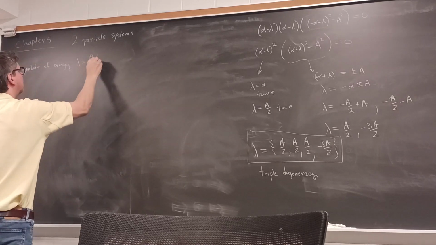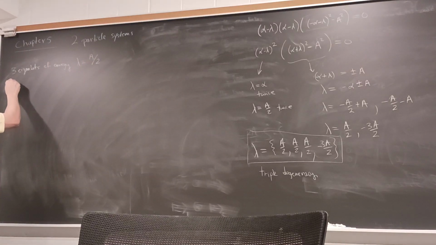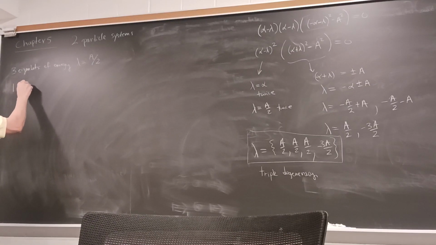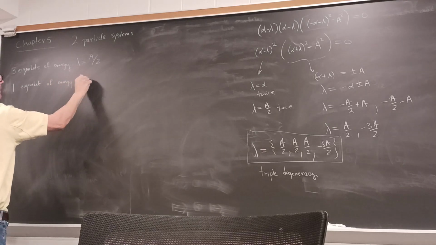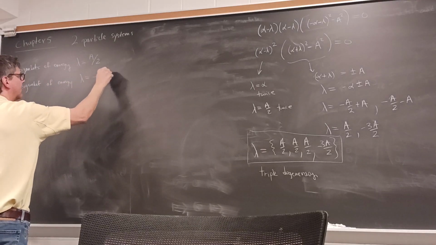A over 2. And then the 1 eigenket of energy minus 3a over 2.